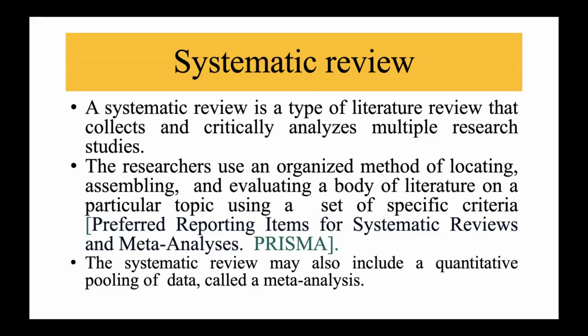These are two different things. So a systematic review is better when you are going to write an article, while a literature review is better when you are writing your research, dissertation or thesis.